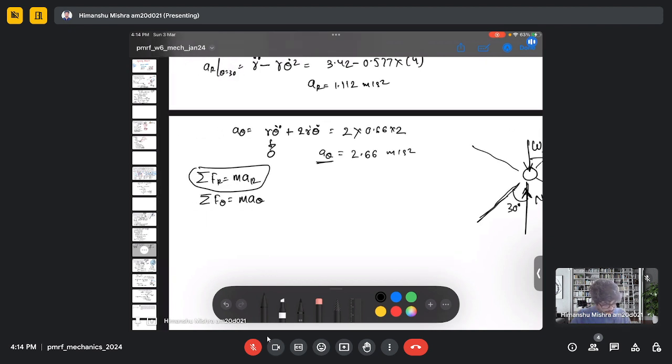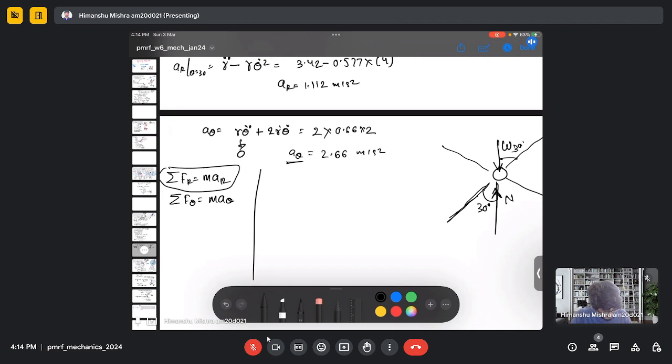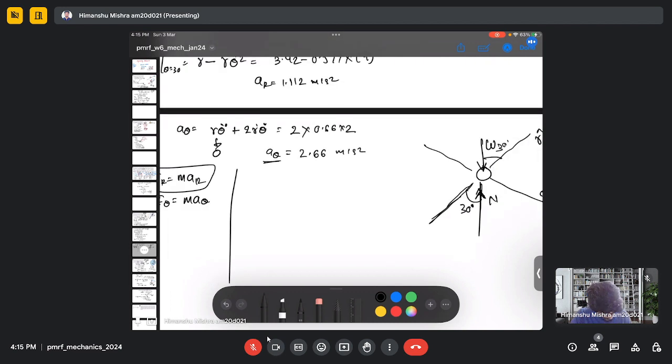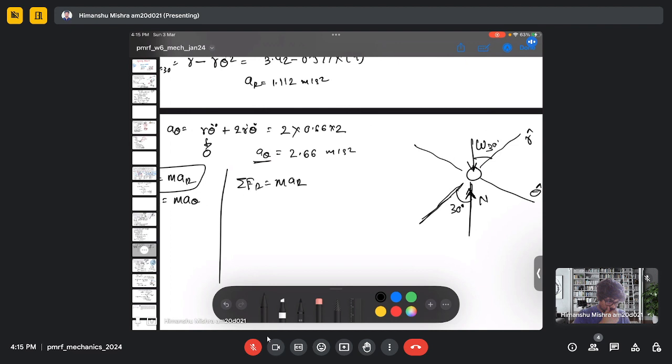So my radial component of force will be N minus mg cos 30.